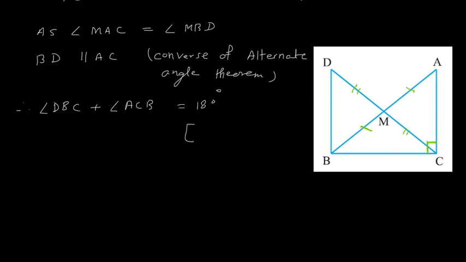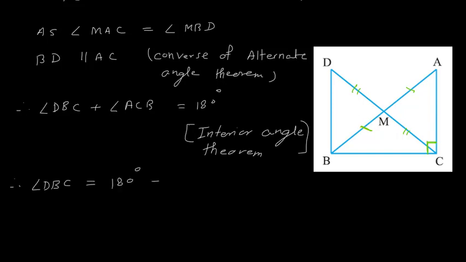This is interior angle theorem. So therefore your angle DBC is equal to 180 degree minus the value of angle ACB, which is 90 degree. So 180 degree minus 90 degree, and that gives me 90 degree. Therefore your angle DBC is right angle. Okay, we consider this as third equation.